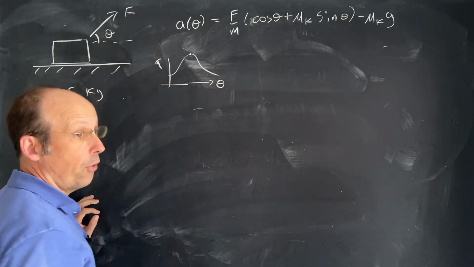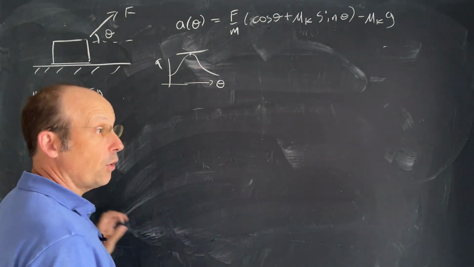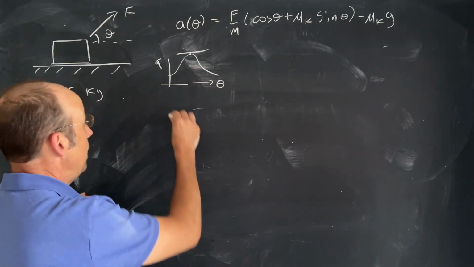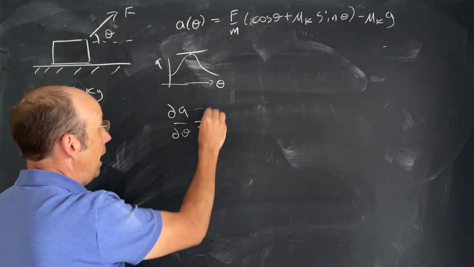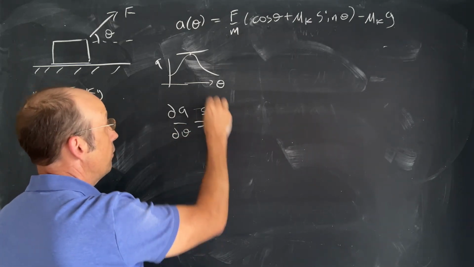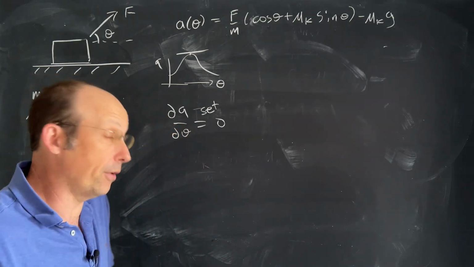Well, what's true at that point up there? What's true is that the slope of the curve is 0. So I can find the slope of the curve by taking the partial of a with respect to theta and setting that equal to 0 to find that critical point. That critical point is going to be the maximum.